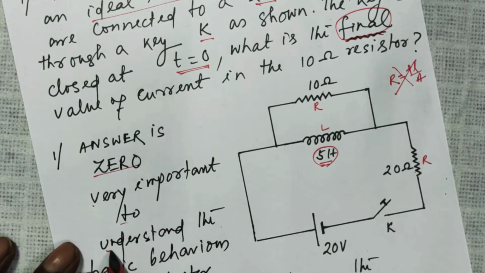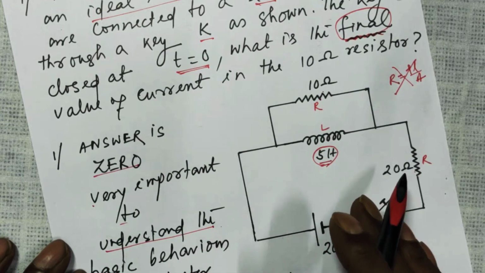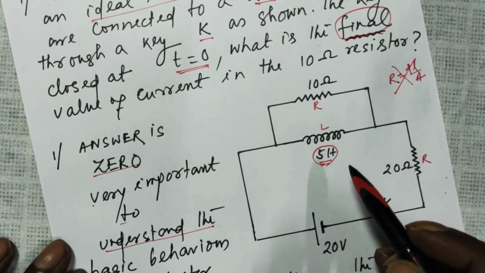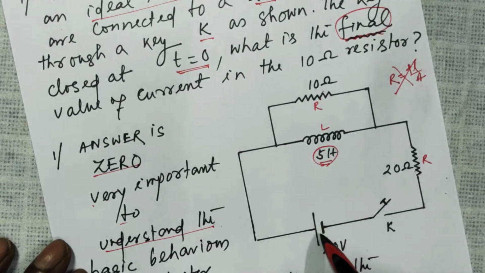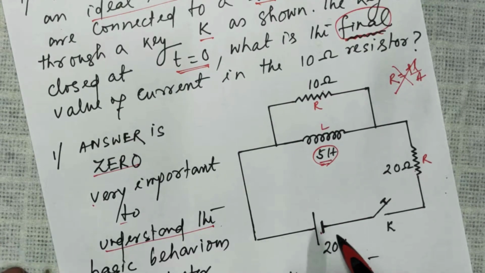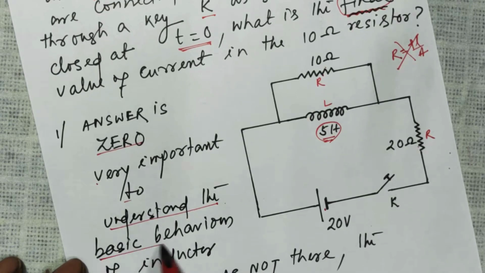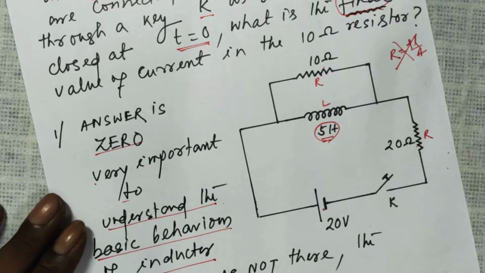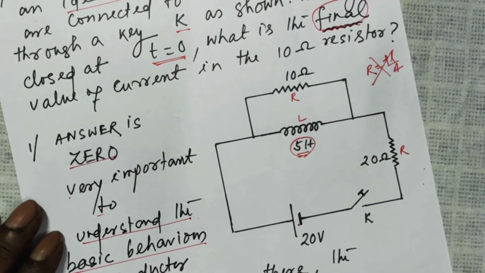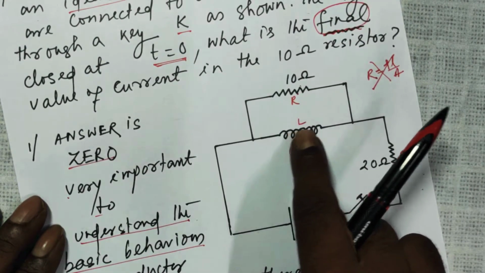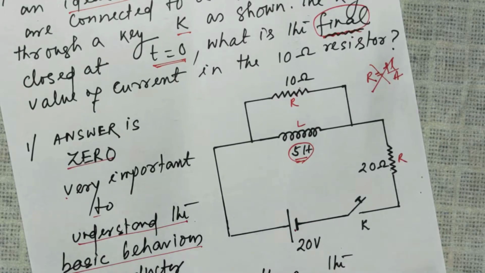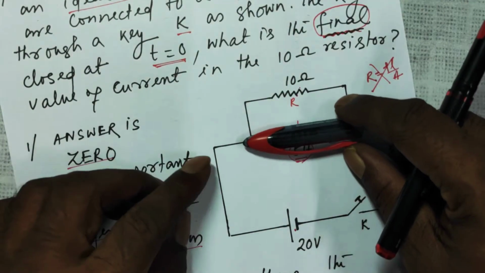Very important to understand. To solve this problem, you need to understand the basic behavior of an inductor in a DC circuit. Suppose this part is not there.